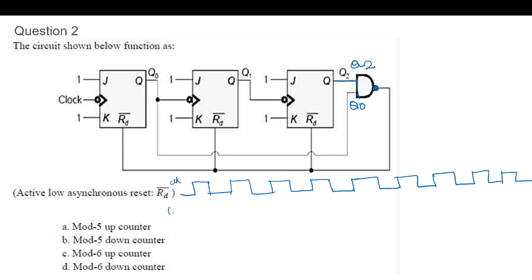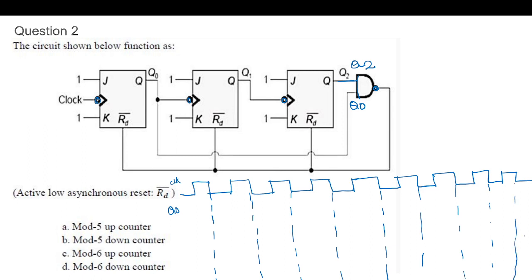The next Q0, again it is a negative edge. So in this edge, the flop will change the state at all the negative edges.